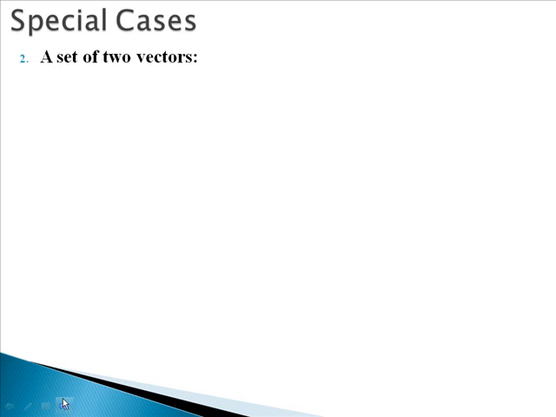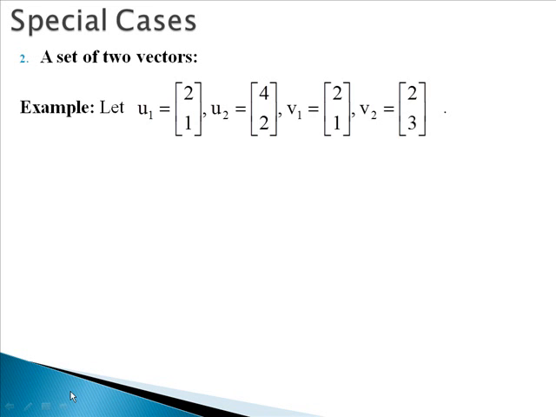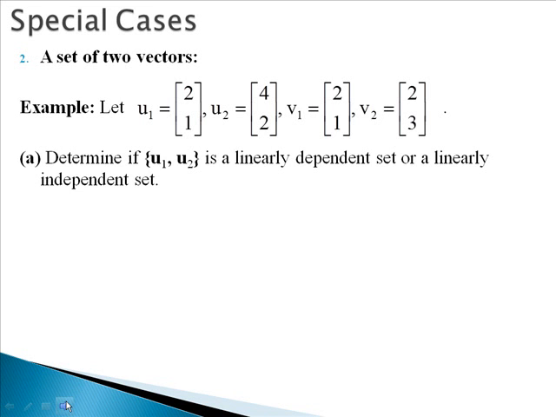Our next special case is a set of two vectors. So let's look at an example. We're going to let u1 and u2 be these given vectors, and v1 and v2 be these given vectors. In part A, we want to determine if the set containing u1 and u2 is a linearly dependent set or a linearly independent set. Notice that our vector u2 is a multiple of u1. It's actually 2 times u1.